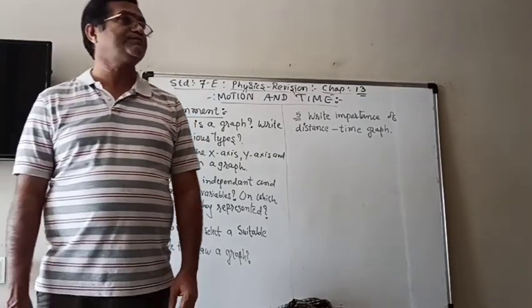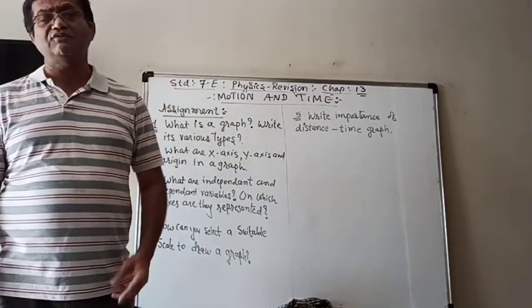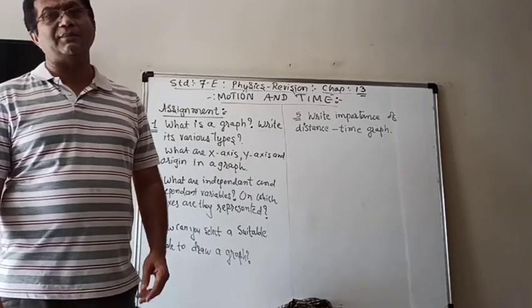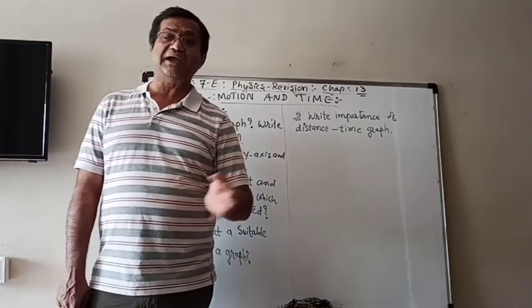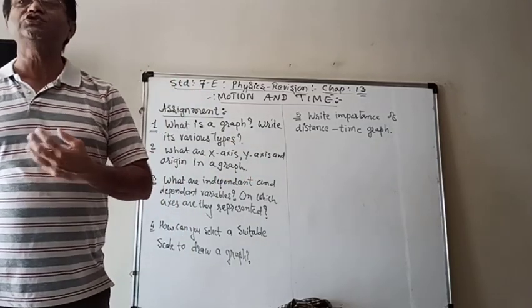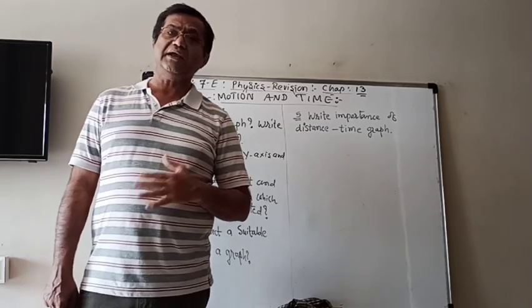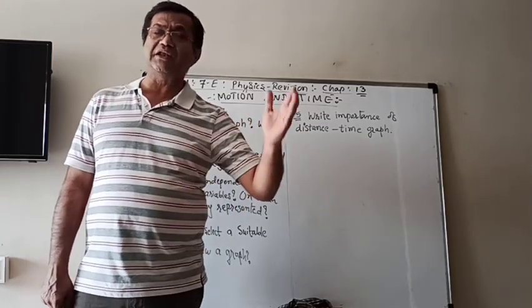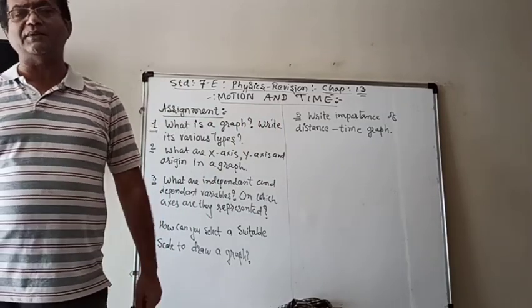Now when we draw the graph, we need two types of variables: dependent variables and independent variables. Variables are of two types, especially in physics. What are independent variables?